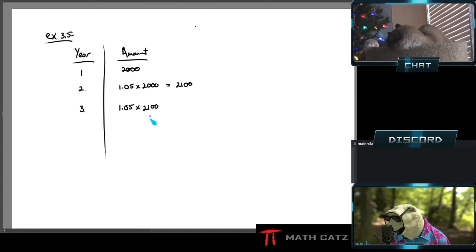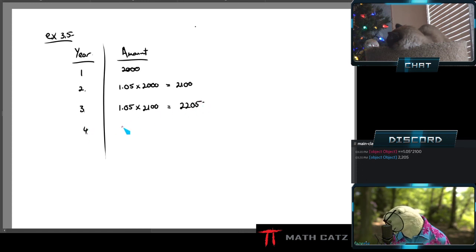Now, whether you've done Math 142 or not, we've done percentages and stuff like that, it should be something that we can handle. But let me know if you don't know where this 1.05 comes from. 1.05 times 2100 is 2205.